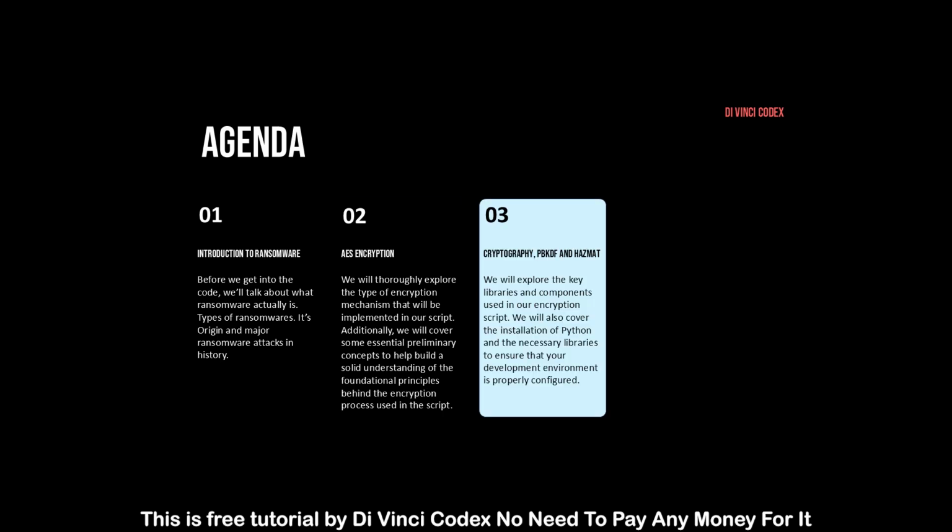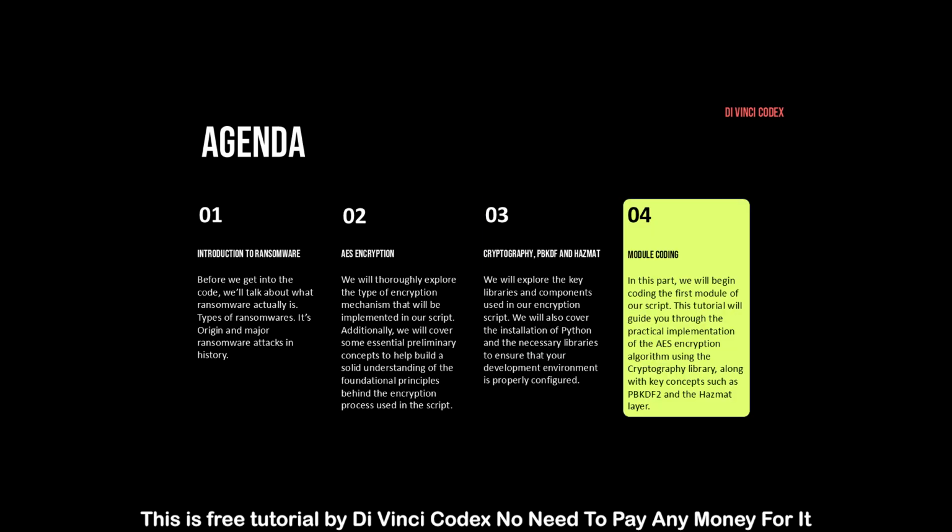And then we will look at key libraries like cryptography, PBKDF2 and Hazmat. We will also cover setting up your Python development environment. And then finally, we will begin coding the first module. This section will guide you through the practical aspects of AES encryption implementation using the cryptography library, including PBKDF2 and Hazmat.